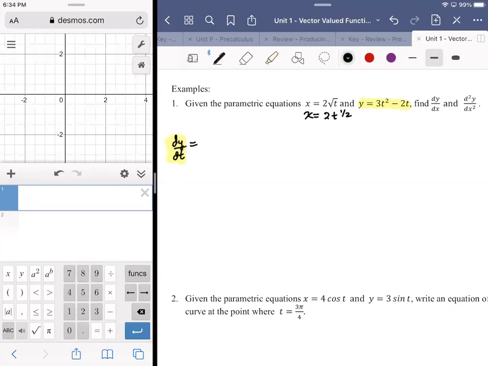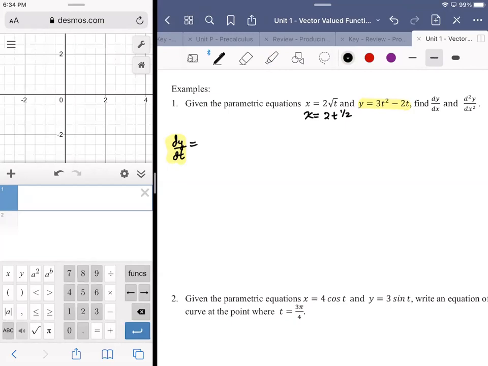And the question might be why? Well, eventually I'm going to divide that by dx/dt. The way I tend to organize it, I'd like to have whatever my numerator is going to be first, then below that, whatever my denominator is going to be, and then the actual quotient. So it's just an organizational strategy.